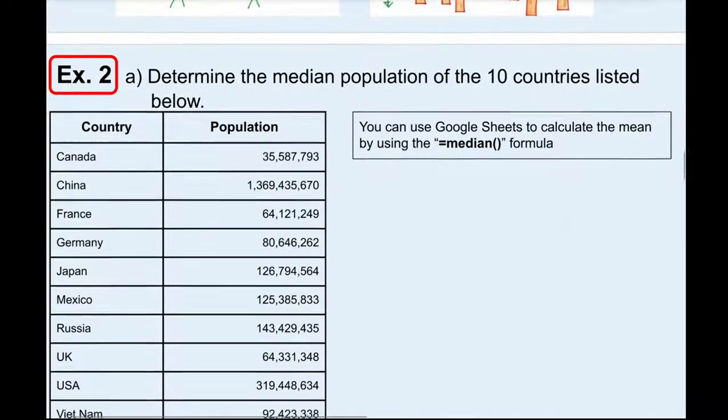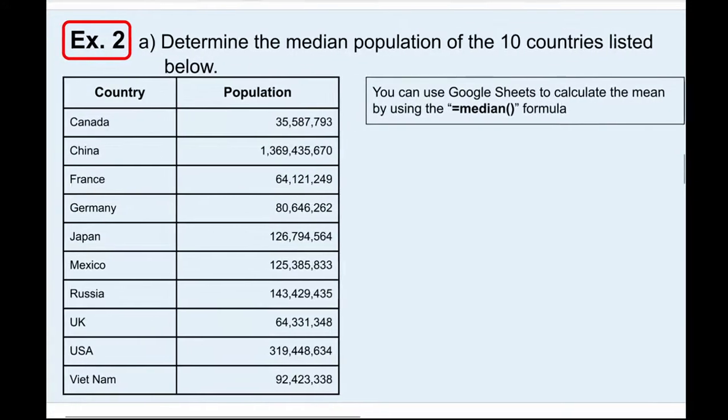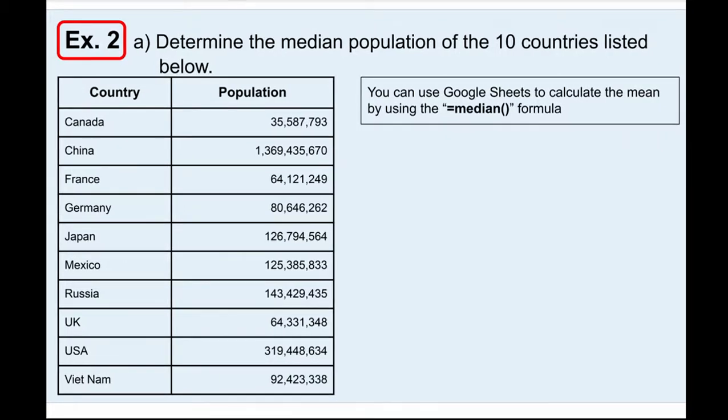So we're going to go back to our table, and we are going to determine the median for the same 10 countries. So again, the first thing we want to do is order them from lowest to greatest.